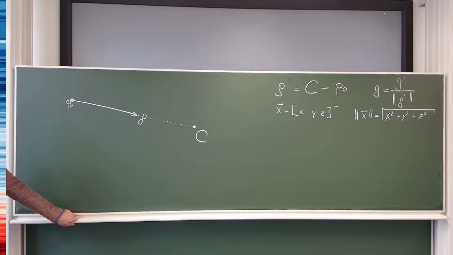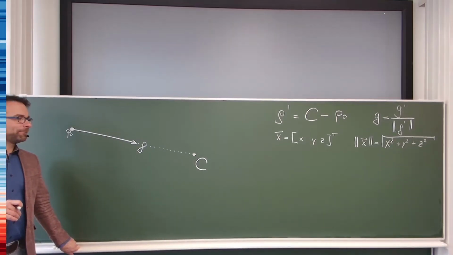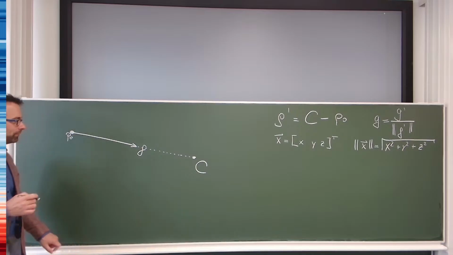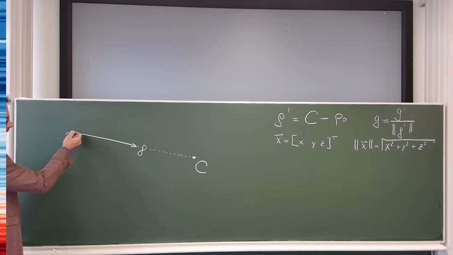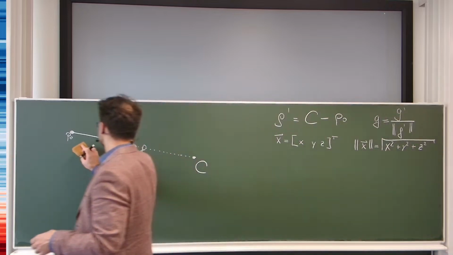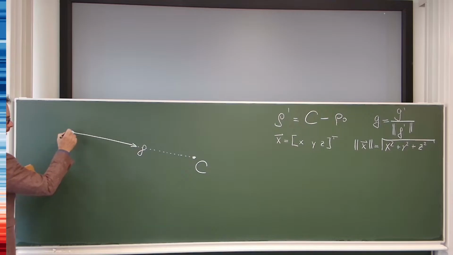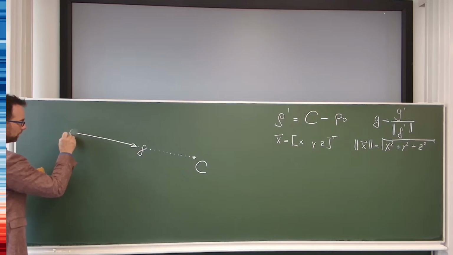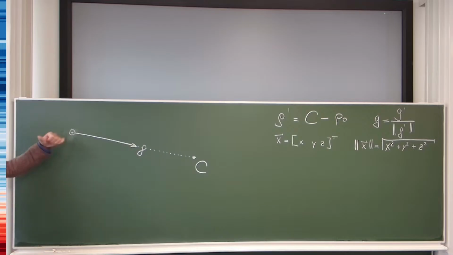Okay. Now we need a vector that is, unfortunately, orthogonal to g, that is pointing to the side. So we need the vector that is pointing straight out of the blackboard, and that is the vector s.